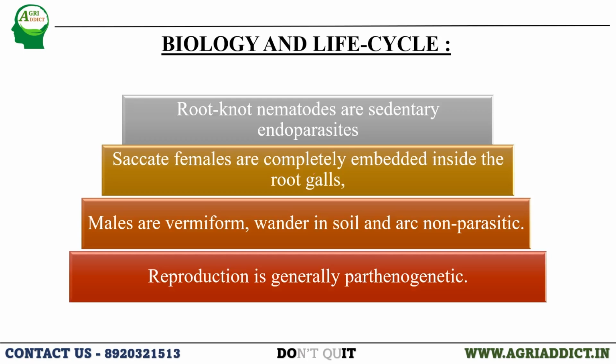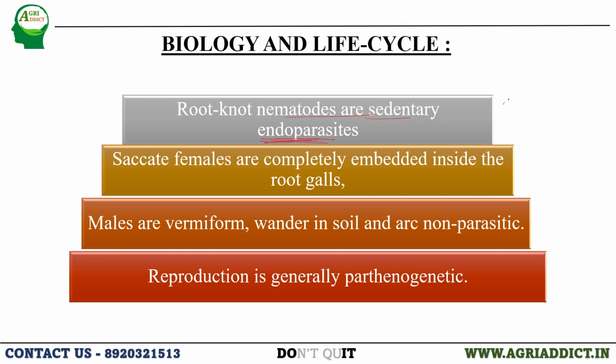Coming to the biology and life cycle of the root knot nematode, root knot nematodes are sedentary endoparasites. Whenever we talk about biology, the first thing that comes to mind is the nature of the nematode and its parasitic relationship with the host. It is sedentary and endoparasitic in nature.